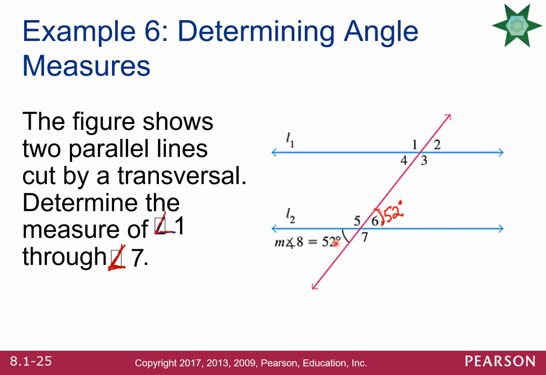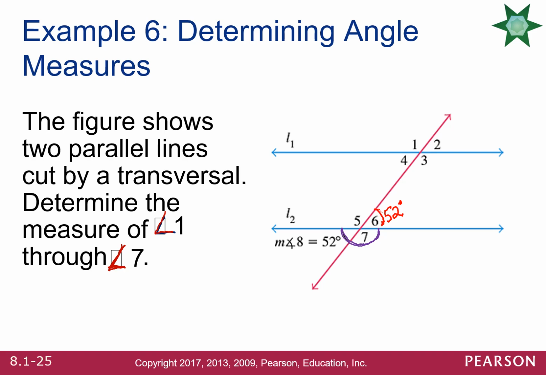We see that angle 7 plus angle 8, since it's around a straight line, it has 180 degrees. Angle 7 plus angle 8 add up to 180 degrees. So if angle 8 is 52 degrees, then we can find angle 7 by subtracting 52 from 180, and that's what I have to do. So again, let me tell you what I'm doing. This entire angle around the straight line, around line 2, is 180 degrees.